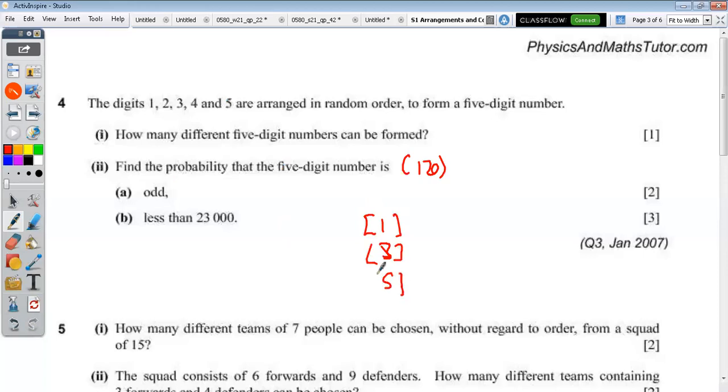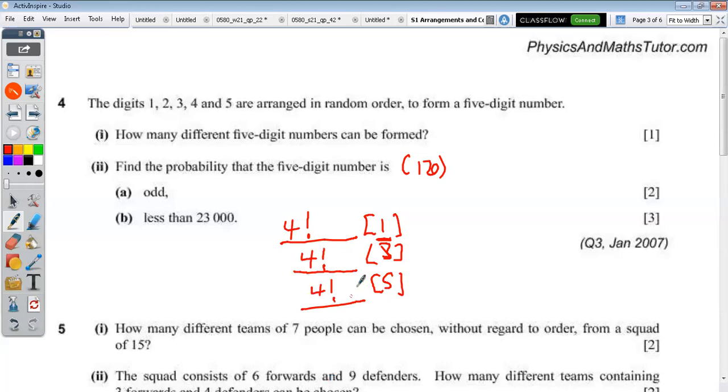So look at this. The 1 is fixed, which means I can have the other 4 numbers permuting themselves, 4 factorial. Clear? If I have 3 fixed, the other 4 numbers can permute themselves 4 factorial. If 5 is fixed here, the other can permute 4 factorial.